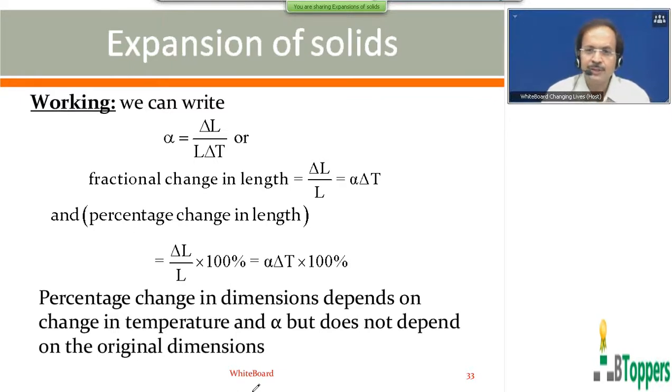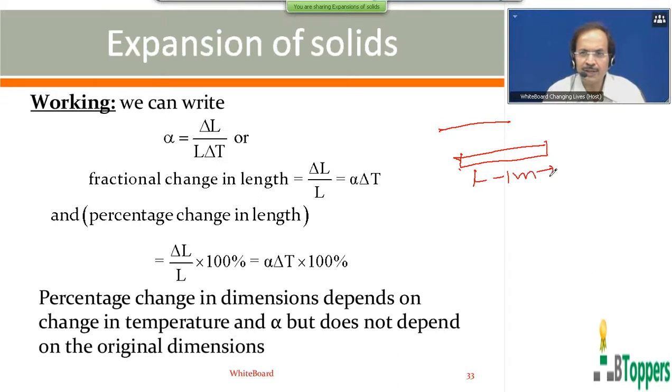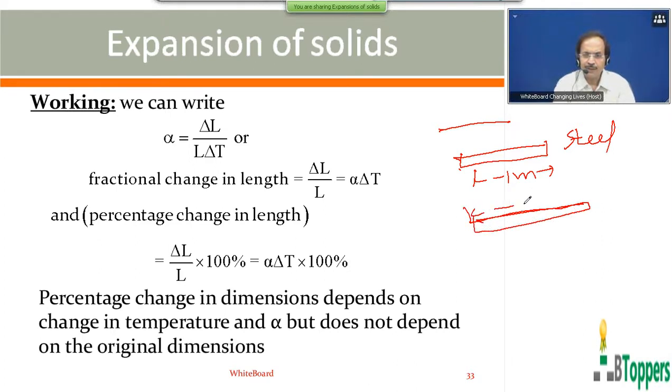For example, if you consider two uniform rods made up of the same metal, let us suppose one of the rods has a length of 1 meter, I mean original length. Say another uniform steel rod has a length of 2 meters at the same temperature.